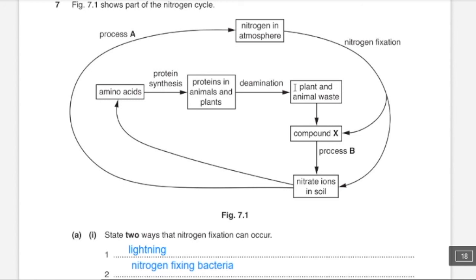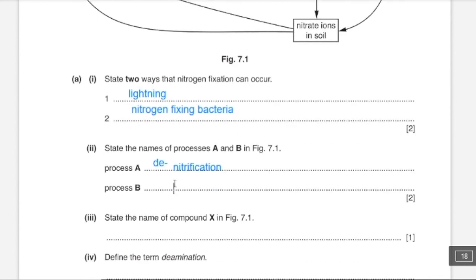Deamination occurs and waste is produced, and then that waste is converted to compound X. This waste is going to be decomposed by bacteria or decomposers in the soil, which convert the nitrogen in the proteins in the waste to ammonium ions, which should be compound X. Those ammonium ions can then be converted to nitrate ions in the soil by process B, which is nitrification.